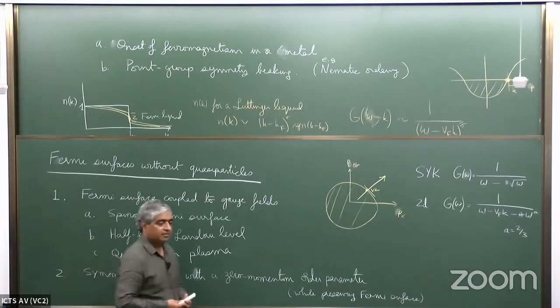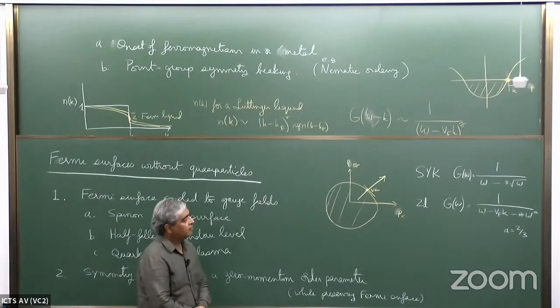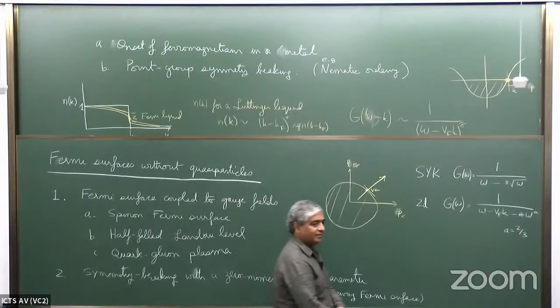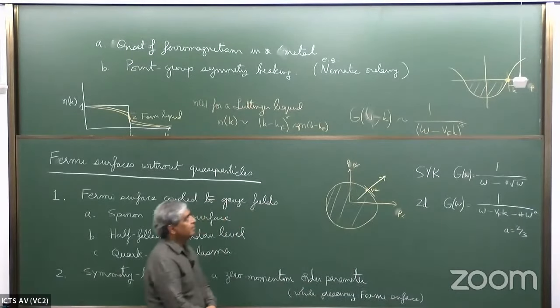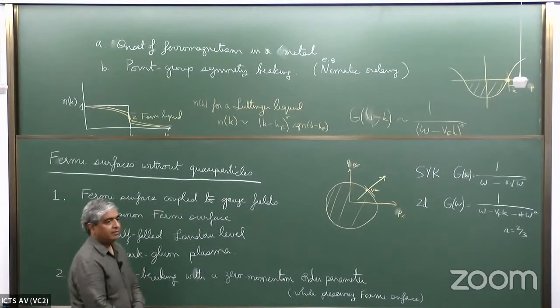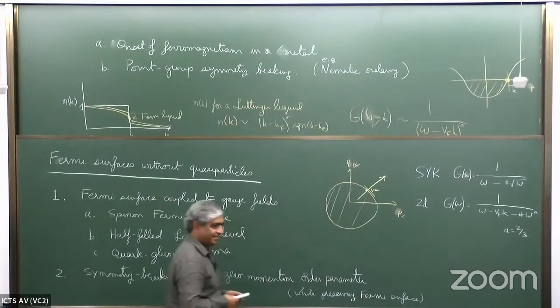So the singularity that you just wrote down about this Fermi surface state in 2 dimensions is different from the Luttinger liquid type of singularities. Is it because the transverse scatterings are important? Yes, absolutely.